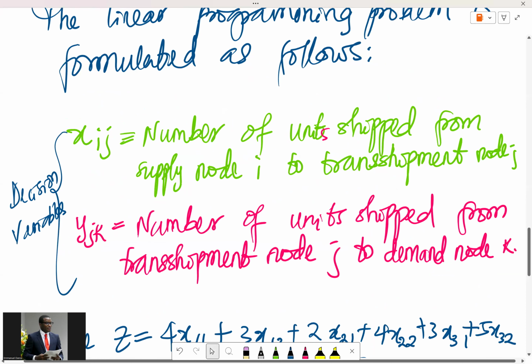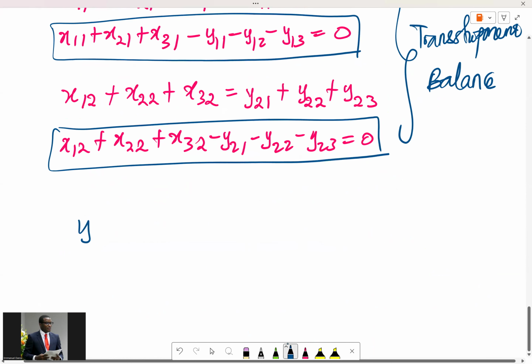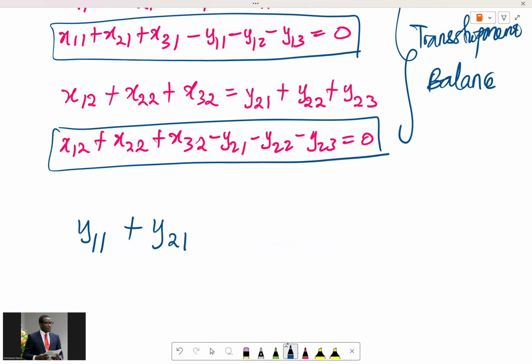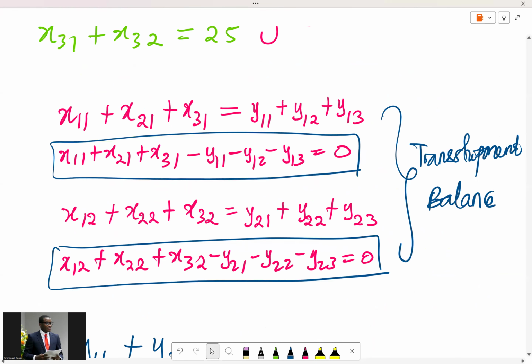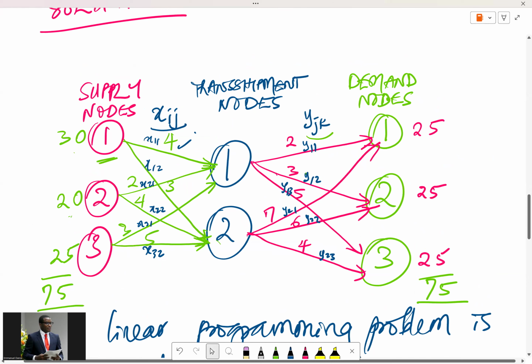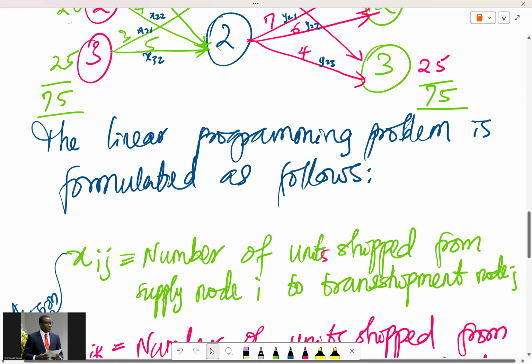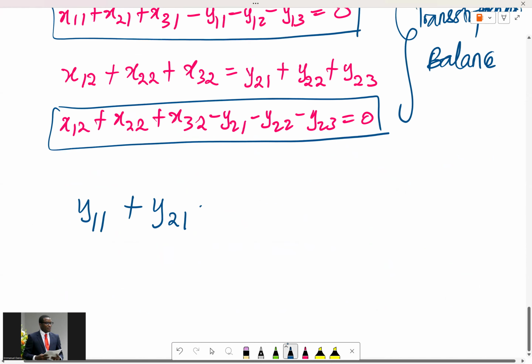So whatever flows into demand node one cannot exceed 25. That means y11 plus y21. These are the only two things that can flow there, right? Y11 plus y21 should be equal to 25.